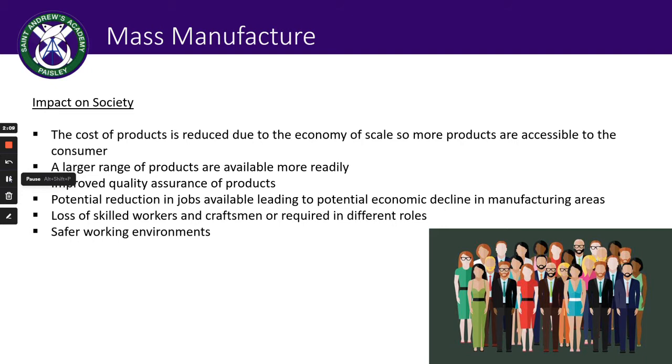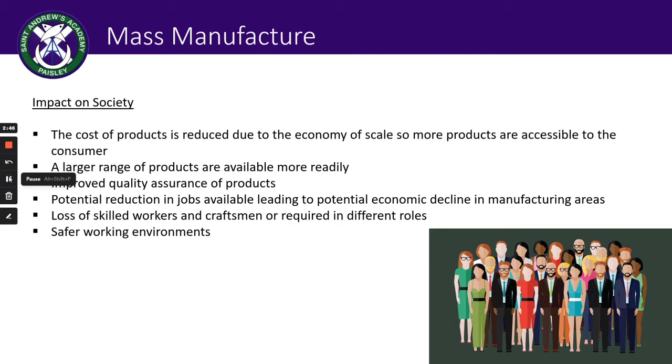As designers and engineers, we must consider the impact that the mass manufacture of products has on society. And this is something that you could very well be asked to consider in your National 5 exam. So a huge benefit of mass manufacture is the economy of scale that's achieved. And this means that because you're producing so many units of a product, they're cheaper because all the resources needed are purchased in bulk. It also means there's a larger range of products that are made available to the consumer.